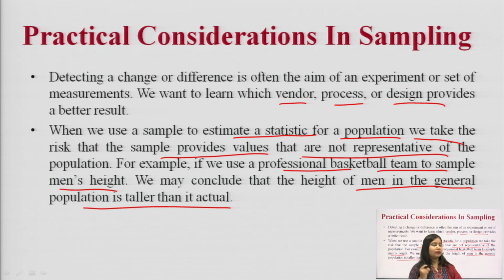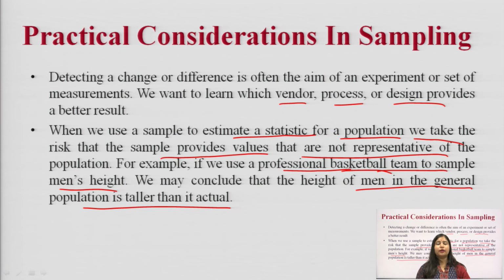Like in this example, you want to calculate the average height of men, so you should not take basketball players or sportsmen, because men are selected for the basketball team who have more than the average height. So they may not be the ideal sample for our population or research.